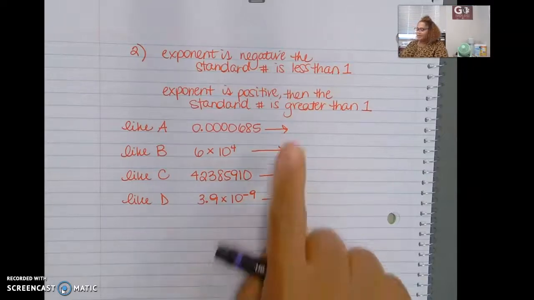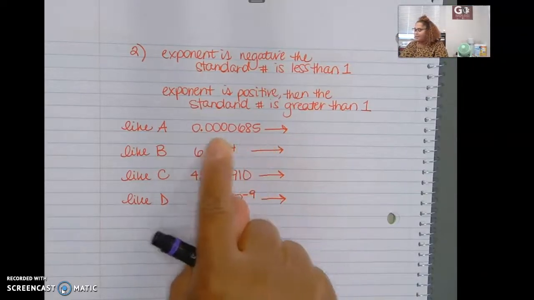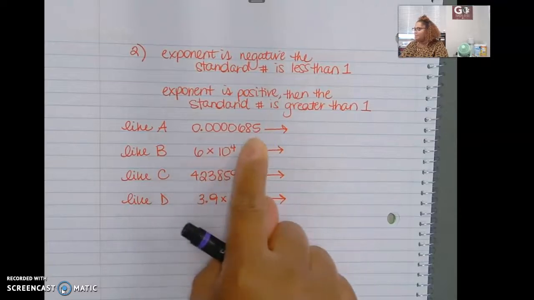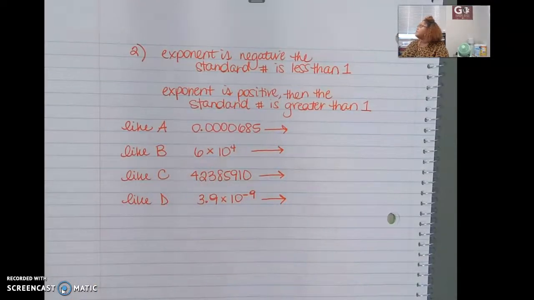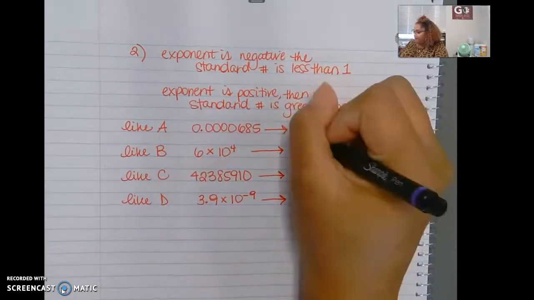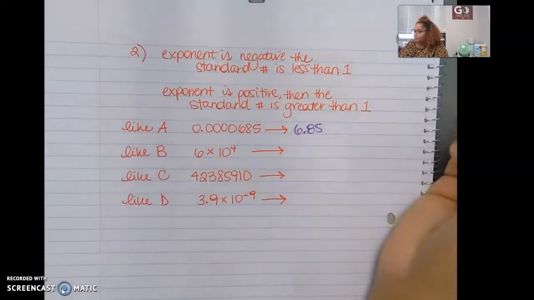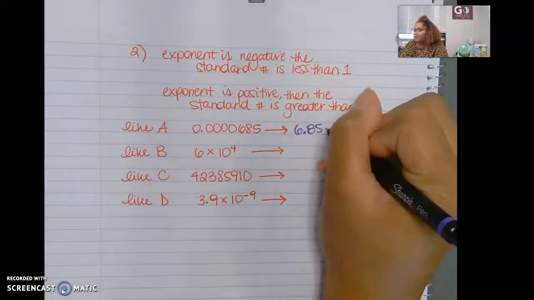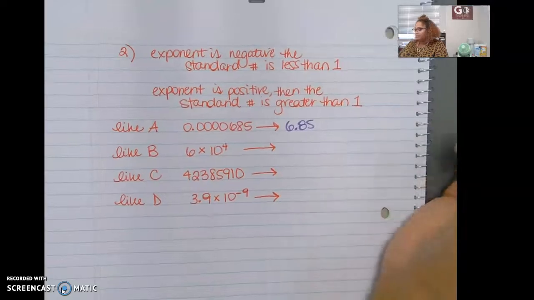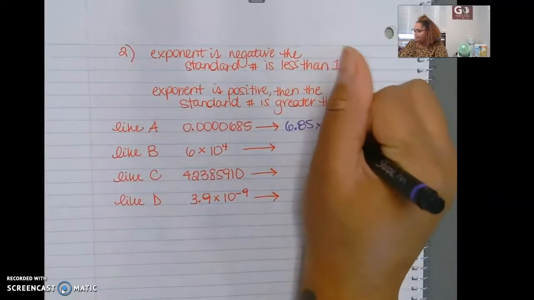So, doing my examples, how would I write this in scientific notation? What is my number that goes first? 6.85. Because it's between who and what? 1 and 10. Then what's the rest? Times 10.